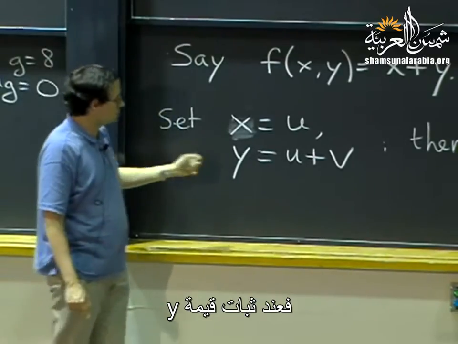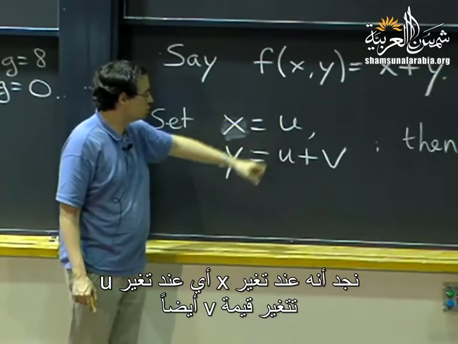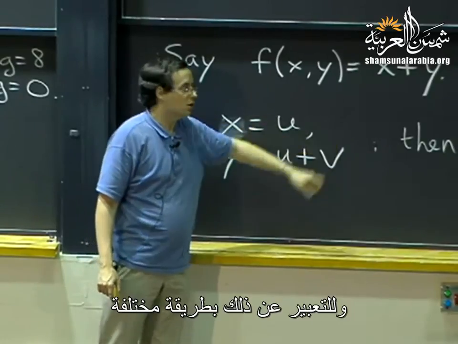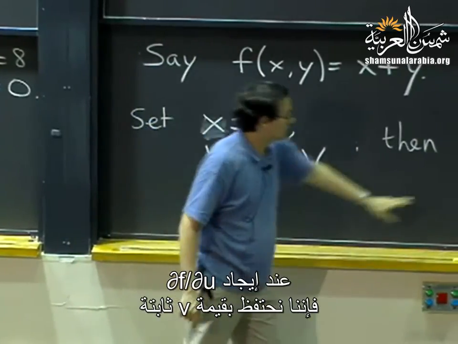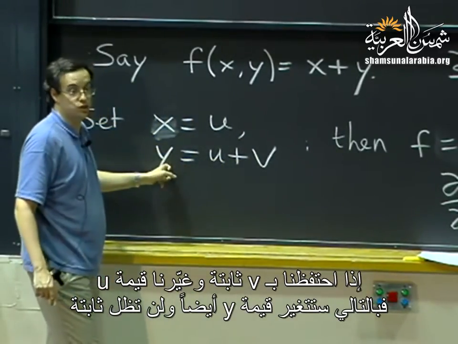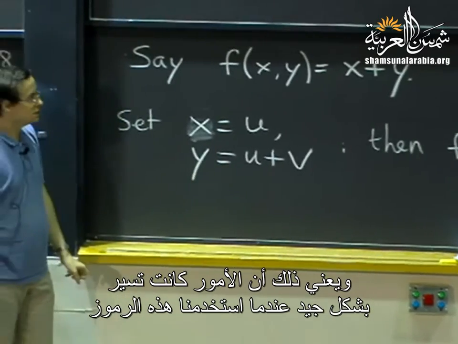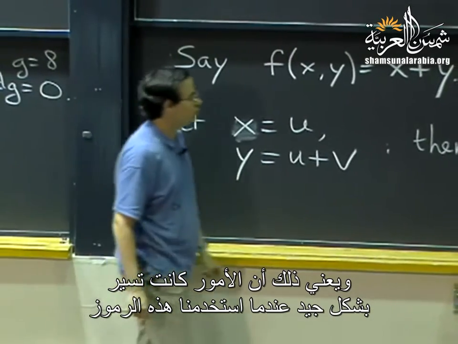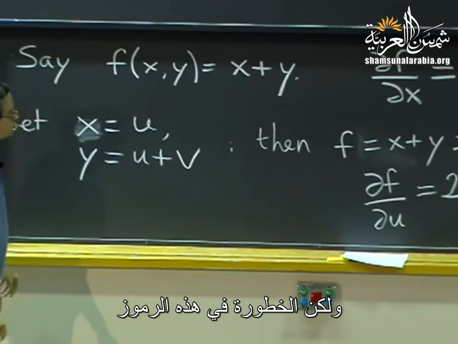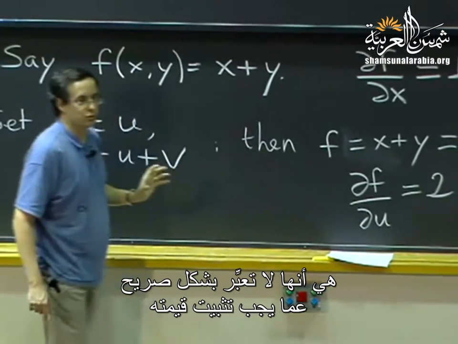If I keep y constant, then when I change x, so when I change u, then v will also have to change so that their sum stays the same. Or if you prefer the other way around, when I do this one, I keep v constant. If I keep v constant and I change u, then y will change. It won't be constant. So that means, well, life looked quite nice and easy with these notations. But what's dangerous about them is they're not making explicit what it is exactly that we are keeping constant.